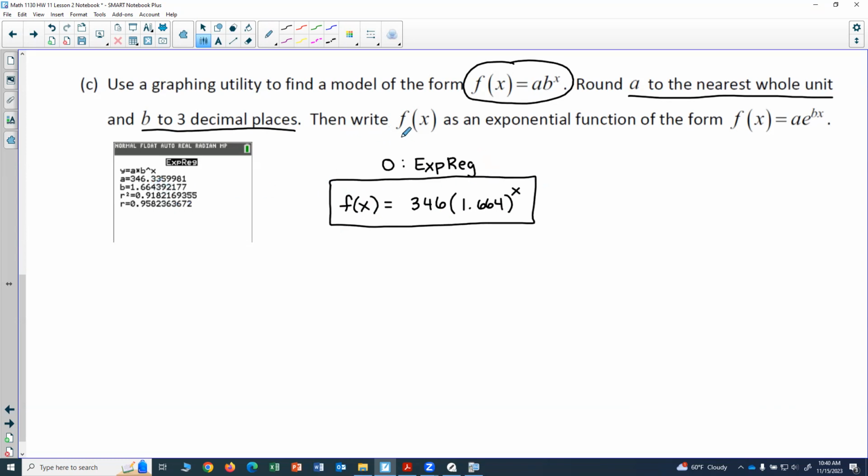And now they say write f of x as an exponential function of the form f of x equals a times e to the bx.